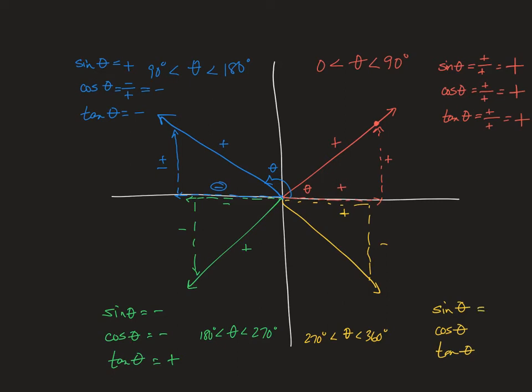So my sine ratio is going to be opposite over hypotenuse, a negative over something always positive. Therefore, I get a negative sine. My cos is going to be to the right, which is positive, over my hypotenuse, which is always positive. And my tan has to be opposite over adjacent, and opposite over adjacent is different signs, and negative.